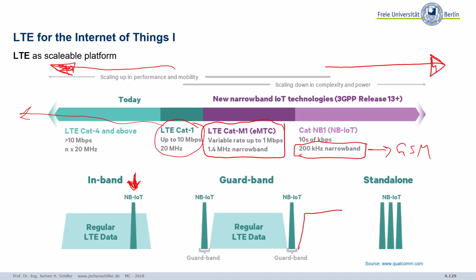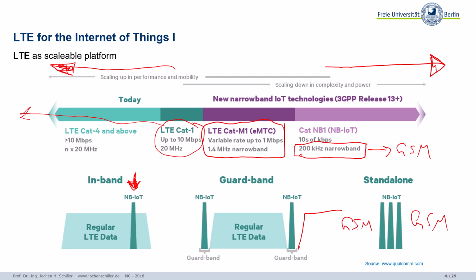Or we can have standalone narrowband IoT spectrum. So for example, you could have GSM channels, you know them, our 200 kilohertz channels, GSM here, GSM there. And then within the GSM cell, we can pick one of the channels and say, okay, we don't use this for GSM, but we reuse it for LTE, now narrowband LTE. So that's a quite clever idea that we can reuse parts of the GSM.